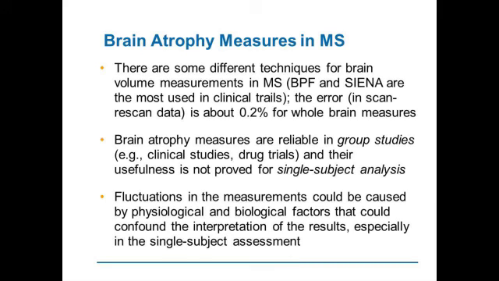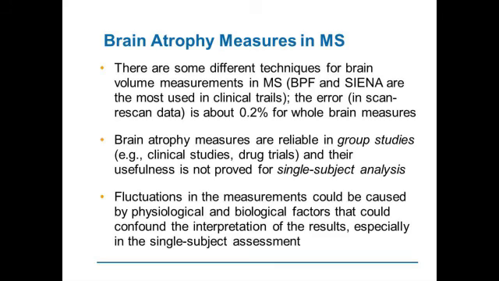In this slide, I will give you some basic concepts about brain atrophy measures in MS. There are different techniques for measuring brain volume based on different approaches, different algorithms, and different procedures. The most widely used techniques in MS are the BPF, a technique that was developed by the Cleveland Clinic, and the Siena method, a method developed by the Siena University and the Oxford University.